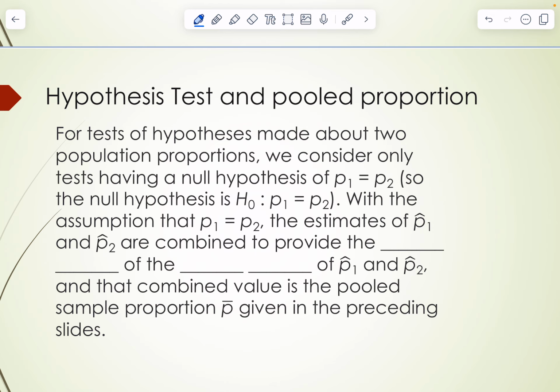For tests of hypothesis made about two population proportions, we consider only tests having a null hypothesis of P1 equals P2.